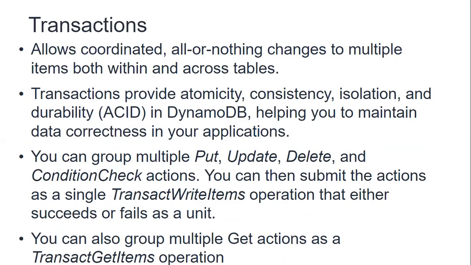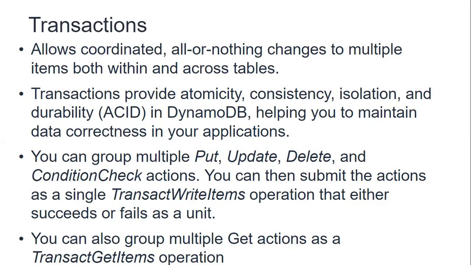So there's a concept of transactions, right? Where maybe you have a number of operations to do on a database, and you want all of them to succeed before you say that that operation was successful. Or if one fails, then you roll back the entire operation. So that's a transaction.